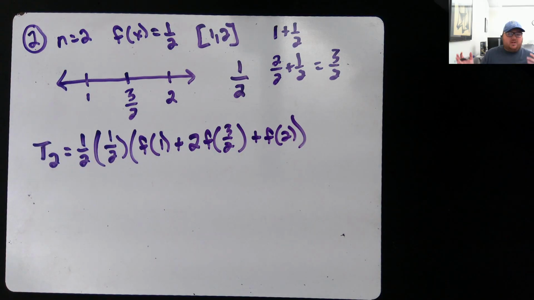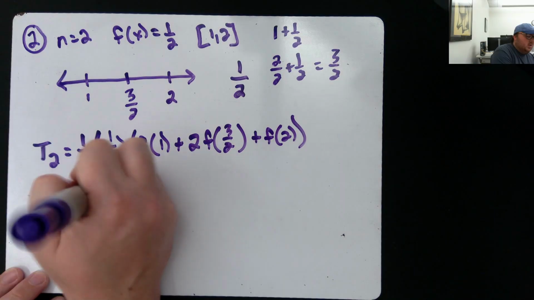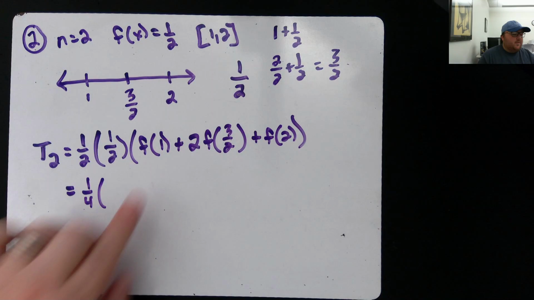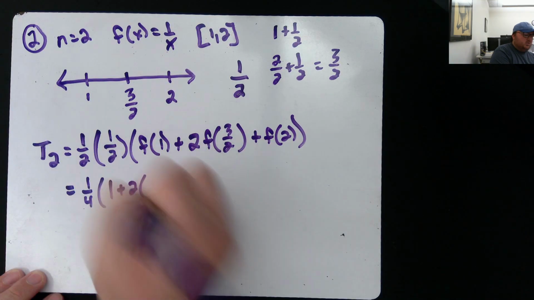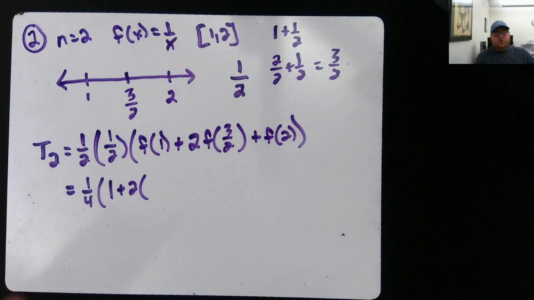And then now simplify that out. 1/2 times 1/2 is 1/4. f of 1, f of x is 1 over x, not 1 over 2. What am I thinking? f of 1, so 1 over 1, which is just 1, plus 2 times f of 3 over 2, 1 over 3 over 2, I can just flip it, and it's 2/3.